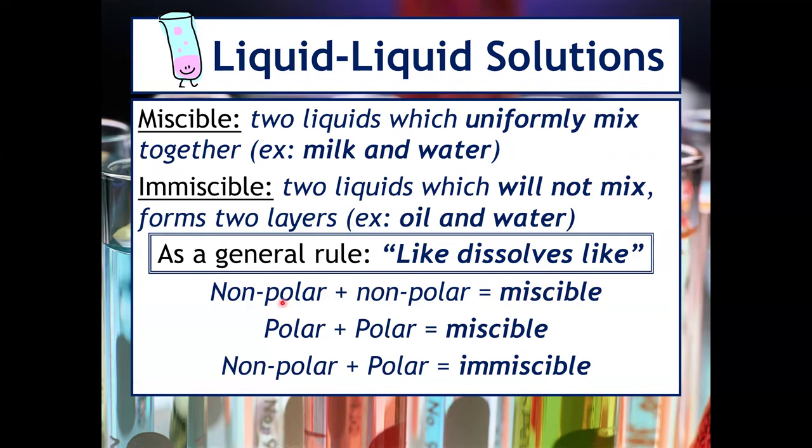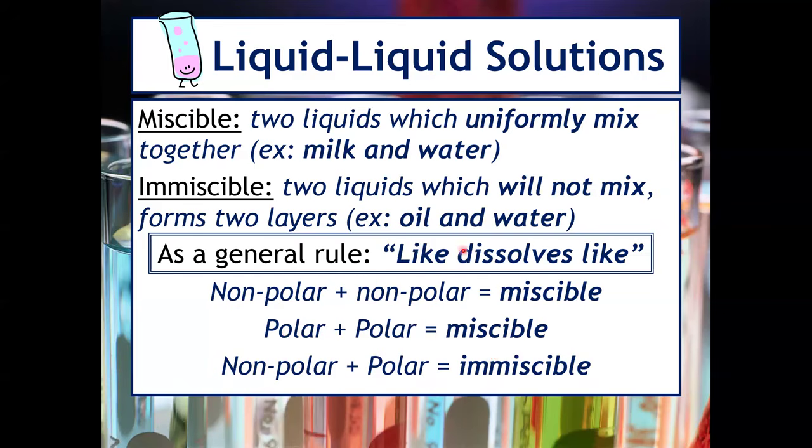For example, both gasoline and oil are nonpolar molecules, and so they are miscible. Whereas if we try to mix a nonpolar and a polar compound, they will be immiscible. For example, oil, which is nonpolar, and water, which is polar, will be immiscible. Gasoline, which is nonpolar, and water, which is polar, will be immiscible.